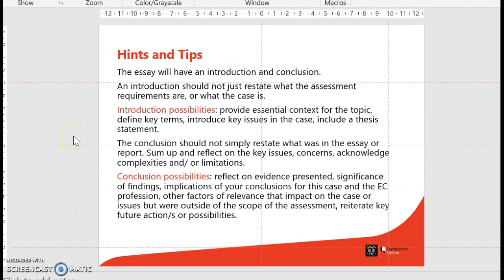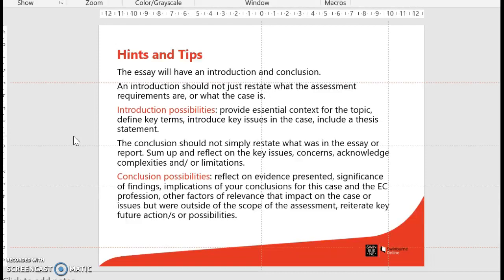So the essay will have an introduction and conclusion. Now, it's important to remember that an introduction isn't just providing context of the topic. You really want to introduce it, and you want to talk about what you're going to discuss within this case study. And in the same way, the conclusion is not just restating what you've already said.